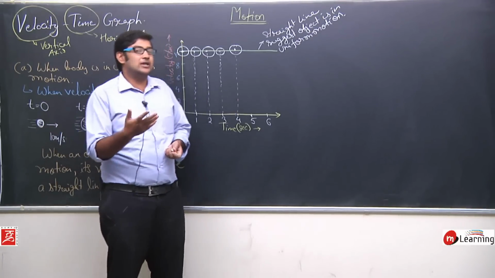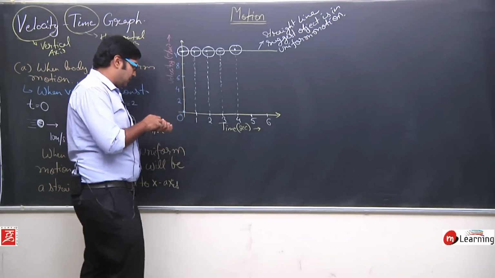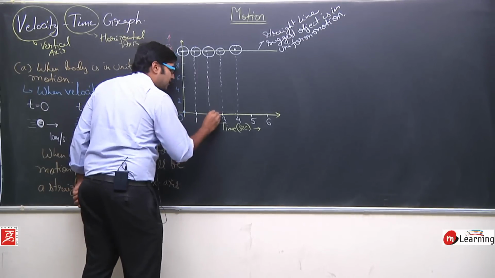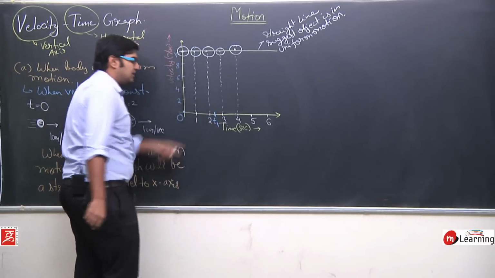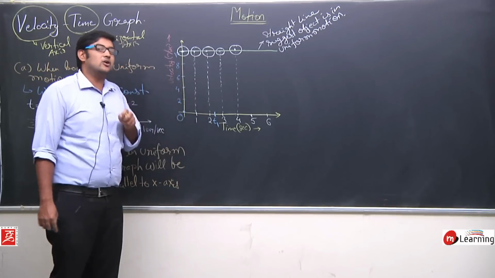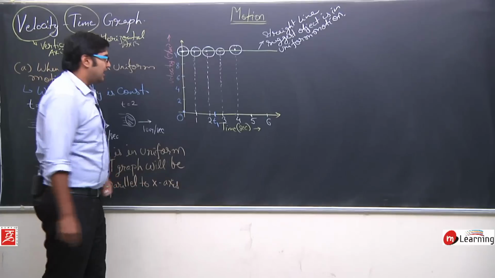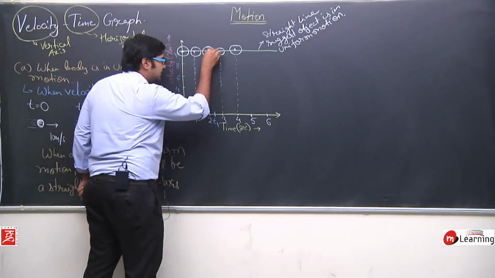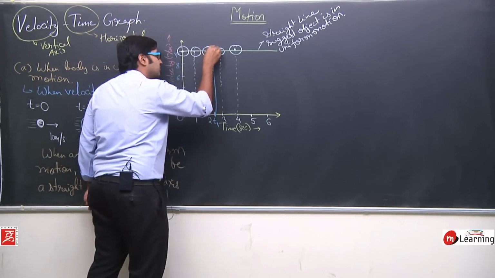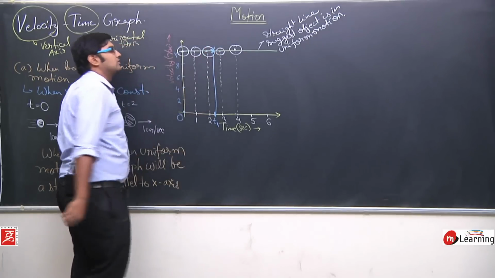So if I assume a time somewhere here, let's say this is t1, what would be the velocity of the object at this point t1? I will say the velocity of the object at t1 will remain this only.